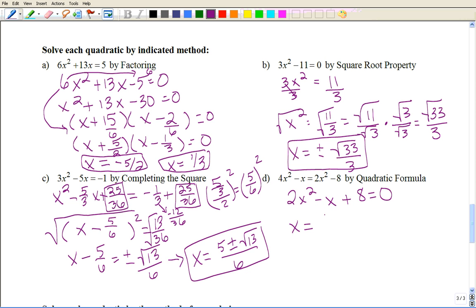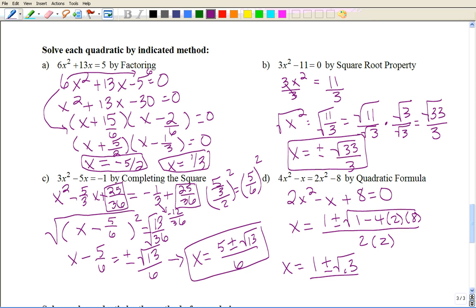So negative b is positive 1 plus or minus the square root of b squared, so negative 1 squared is 1, minus 4 times a, which is 2, times c, which is 8, all over 2 times a, which is 2. So I'll get x equals 1 plus or minus the square root of 63 all over 2 times 2, which is 4.